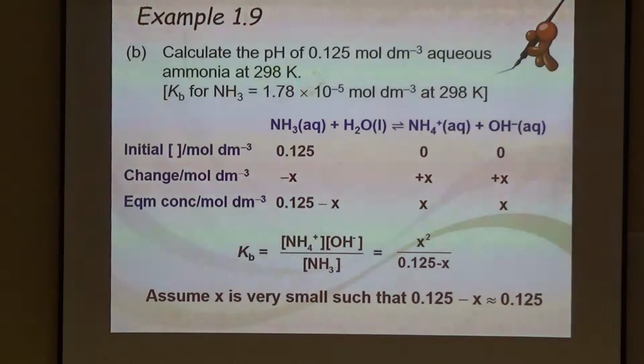So 0.125 minus X is actually just 0.125.